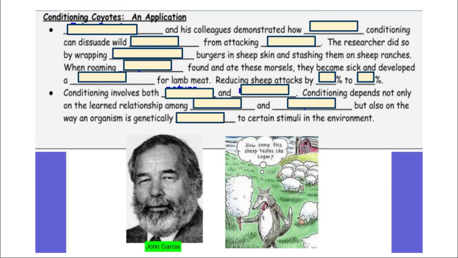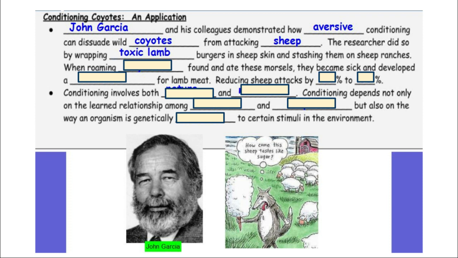John Garcia, again, is going to kind of test this theory of food aversion. And he and his colleagues demonstrated how aversive conditioning can dissuade wild coyotes from attacking sheep. The researchers did so by wrapping toxic lamb burgers in sheepskins and stashing them on sheep ranches out in Wyoming.